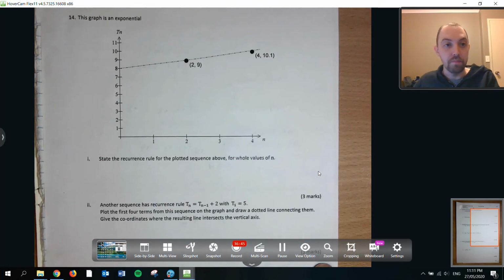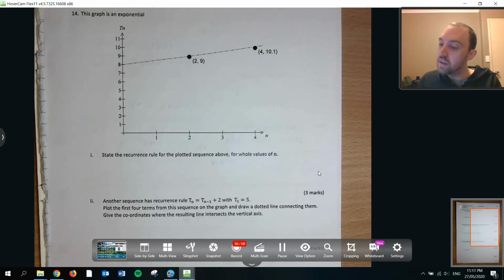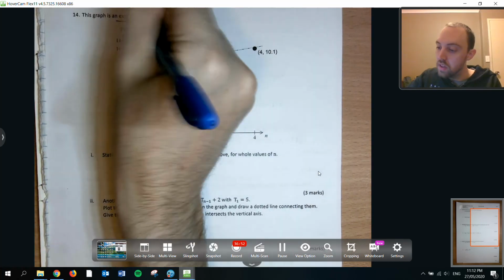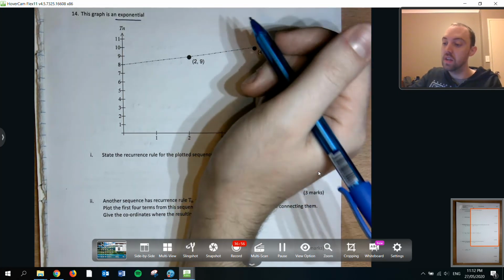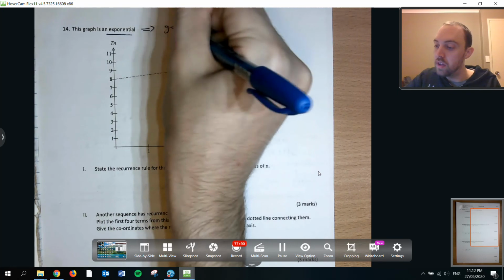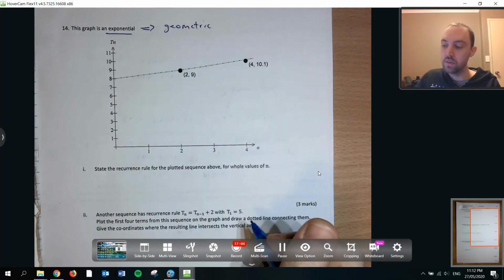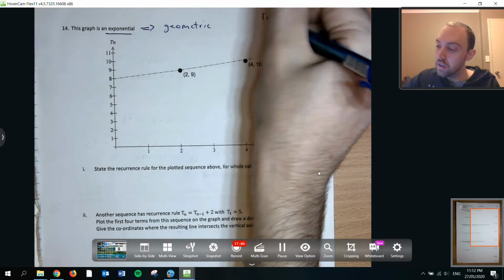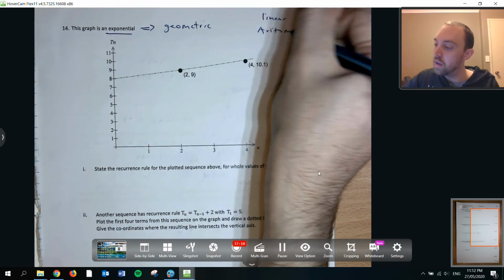Final question, number 14. This graph is an exponential. This clearly states what type of sequence it is, because remember that exponential implies a geometric sequence. Linear, on the other hand, is arithmetic.